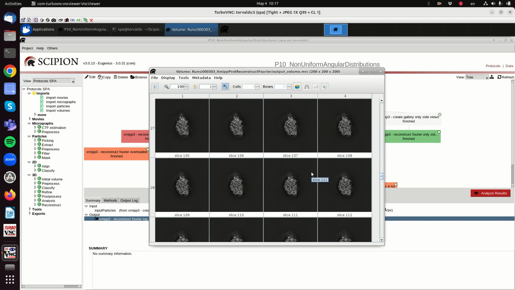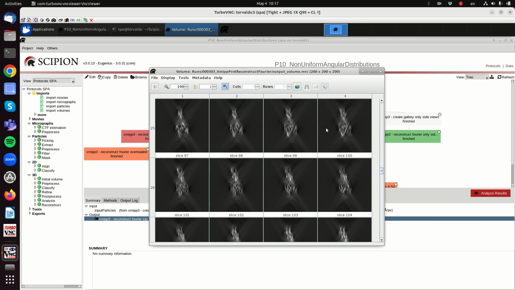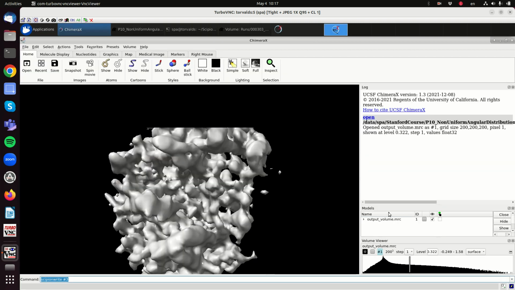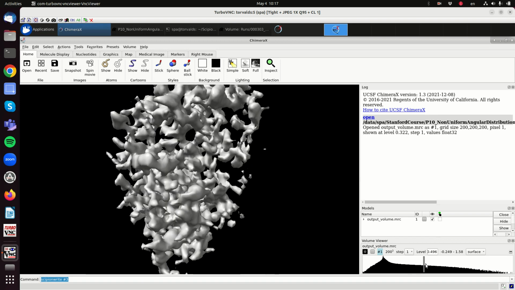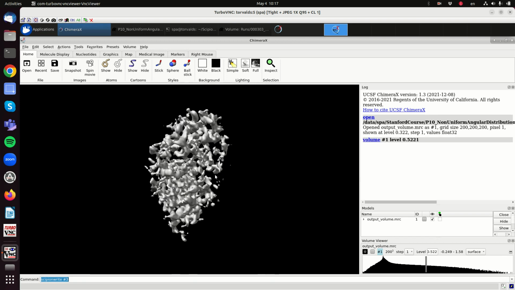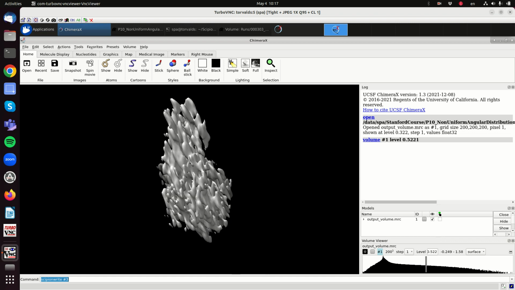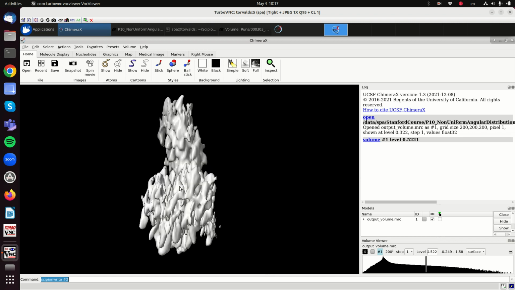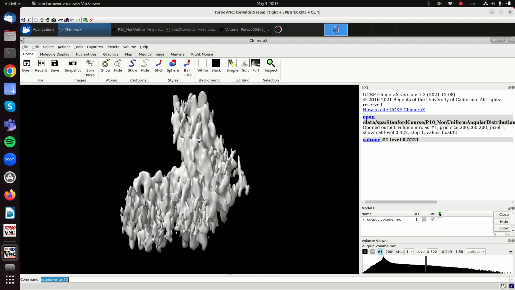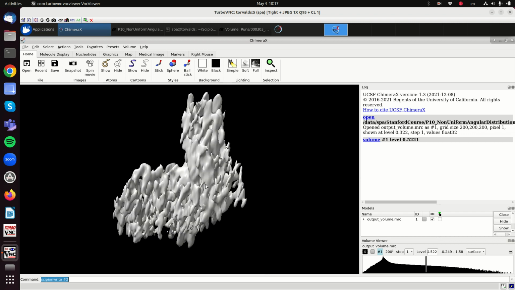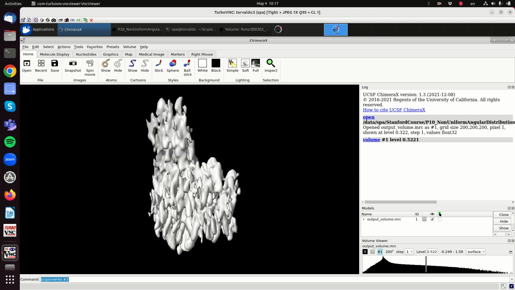But when you look from the side, you start to see problems. So missing information, because we are filling only a part of the Fourier space. Missing information results in this elongation. Okay, so that's good. We understand that now.